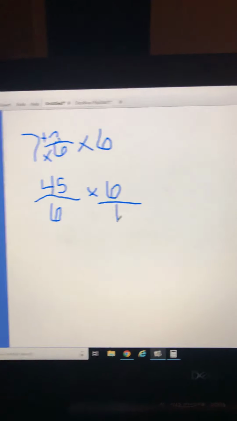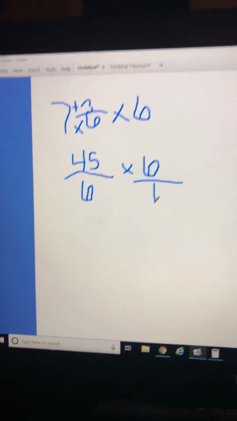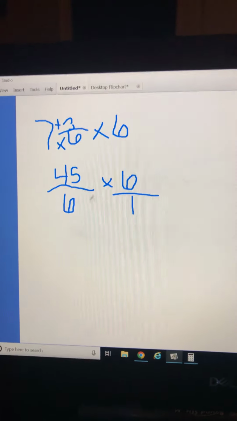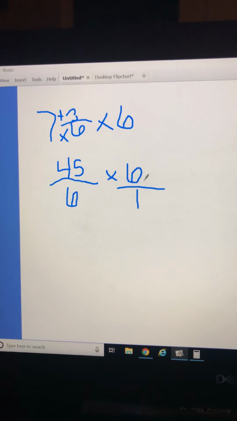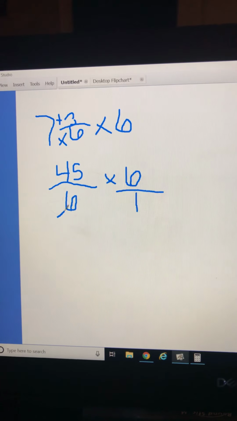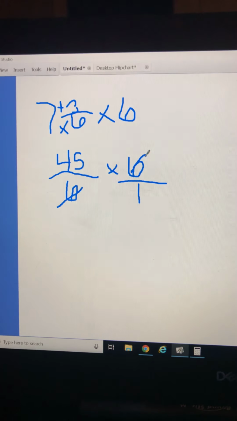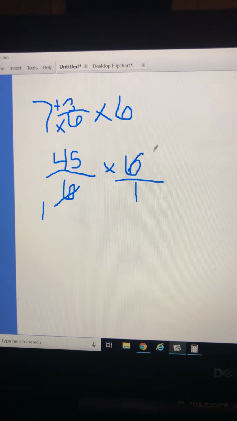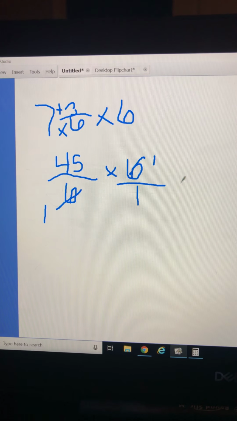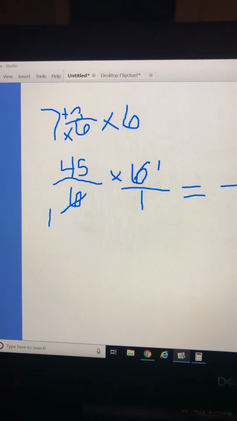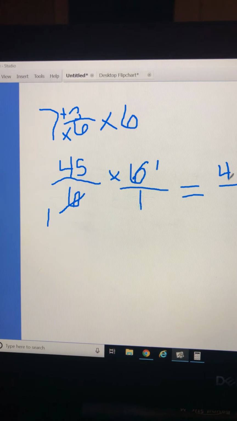So let's look at it and see. Is there anything I can cross cancel? I sure hope so, because I don't want to have to multiply 45 times 6. Look, I can cross cancel 6 and 6. If I divide 6 by 6, I get 1. So now I have 45 times 1, which is 45.